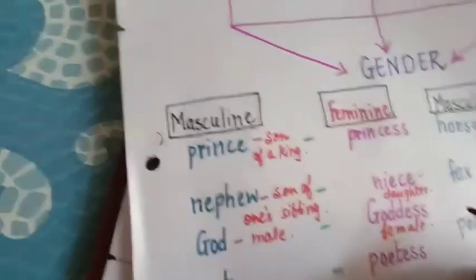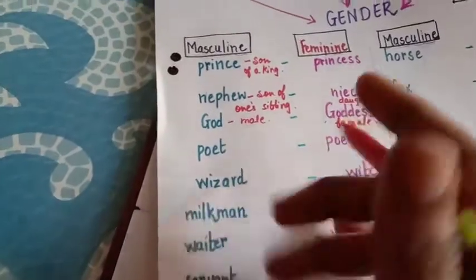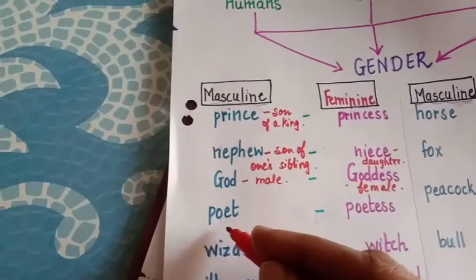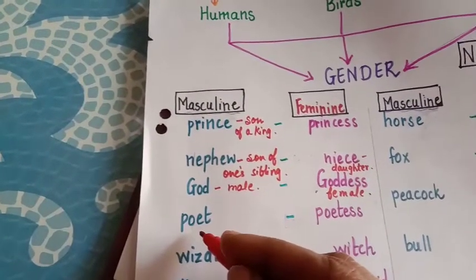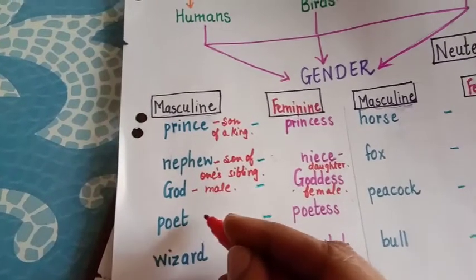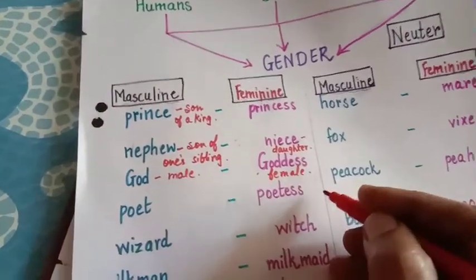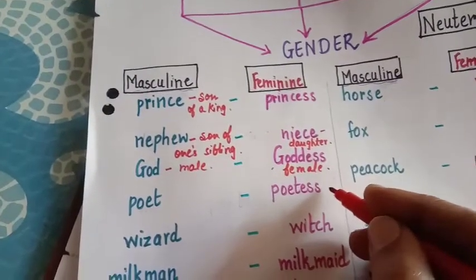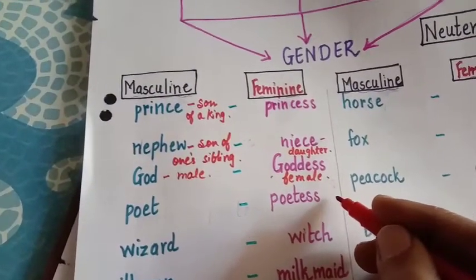Okay. Next is a poet. A poet is a person who writes poems, poetry. And a female who writes poems is known as poetess.